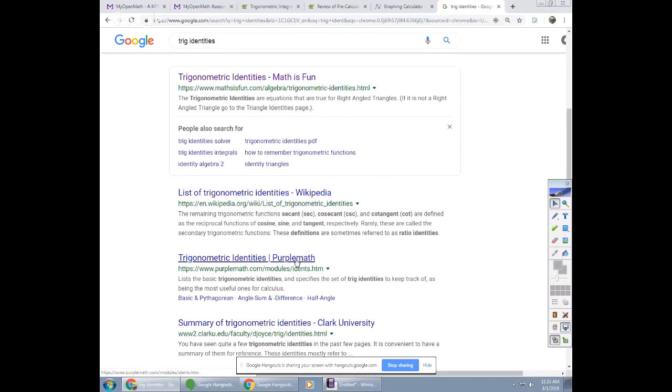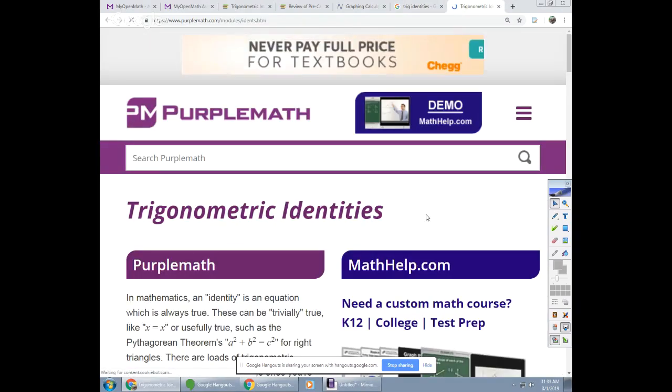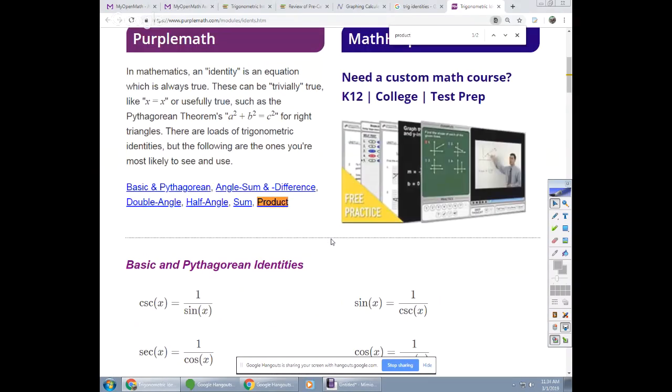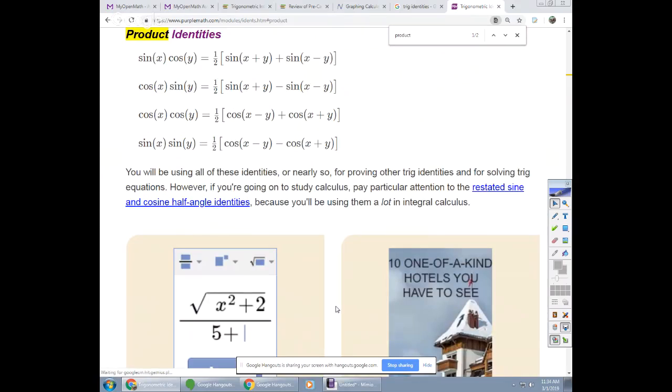Wikipedia, Purplemath. Let's try Purplemath. I've been there a long time. Purplemath trig identities. Control F. Product identities.